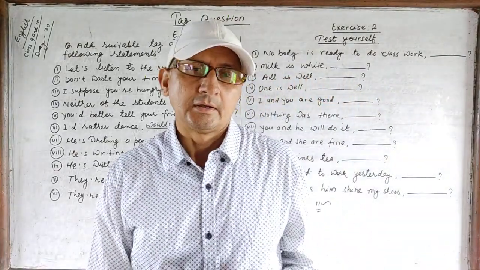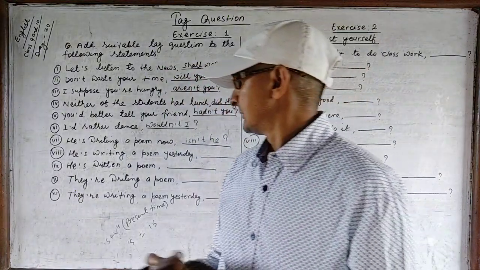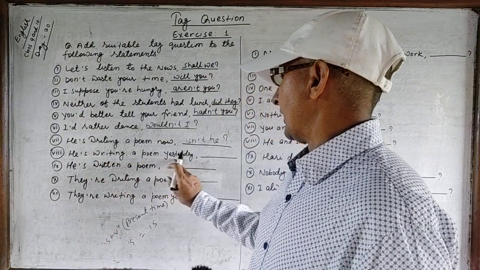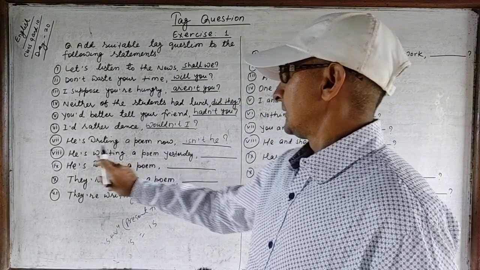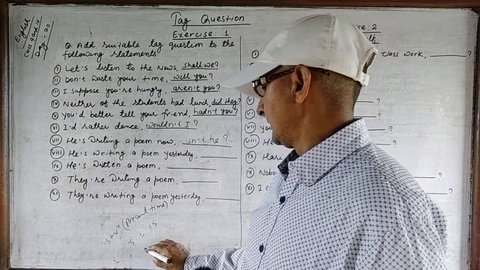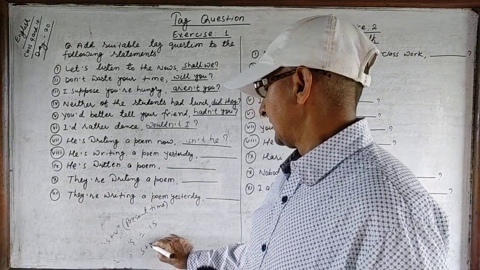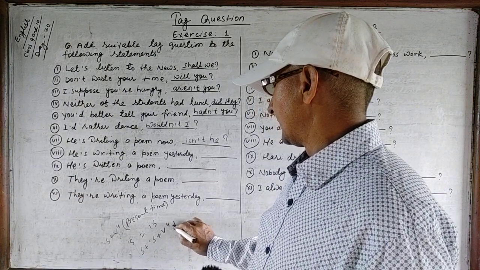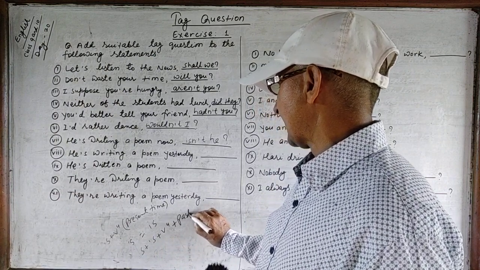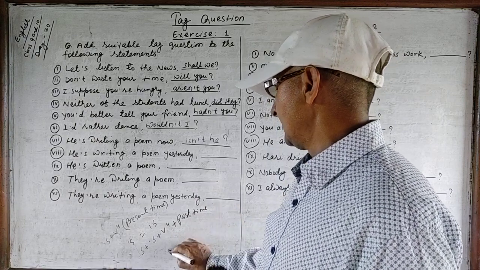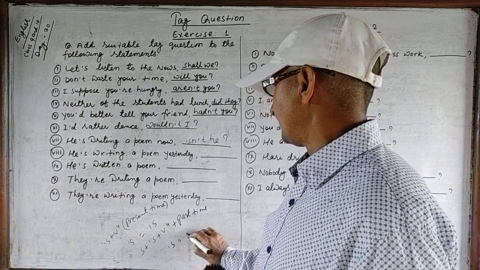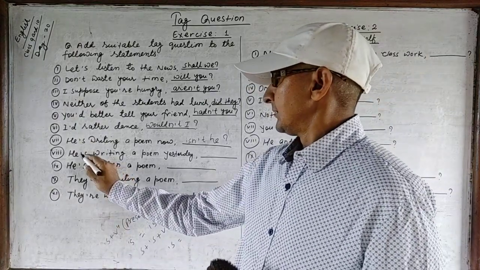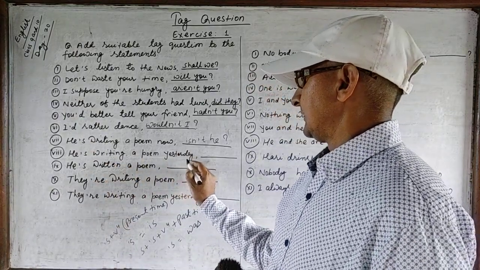The next question, number 8. He was writing a poem yesterday. Once again, subject plus apostrophe s plus V4 plus past time. If it shows past time, apostrophe s becomes was.